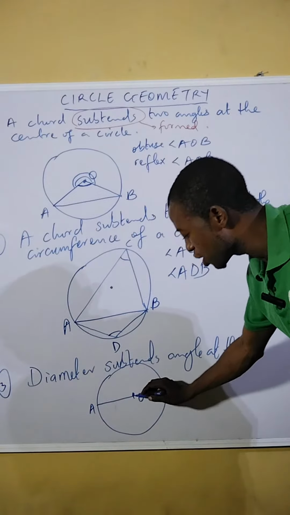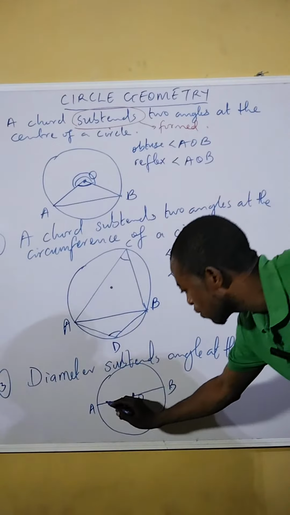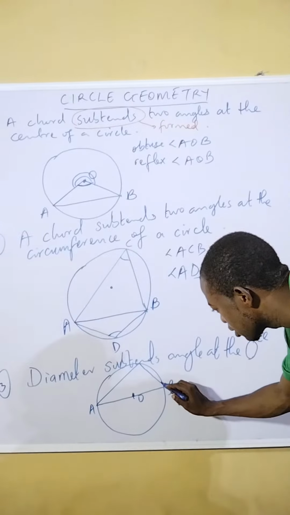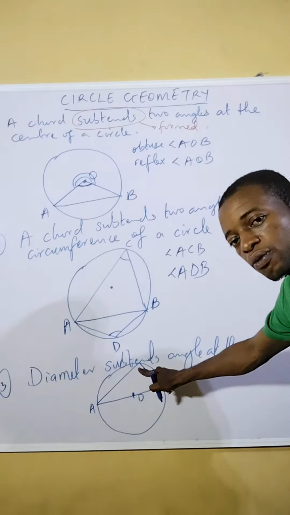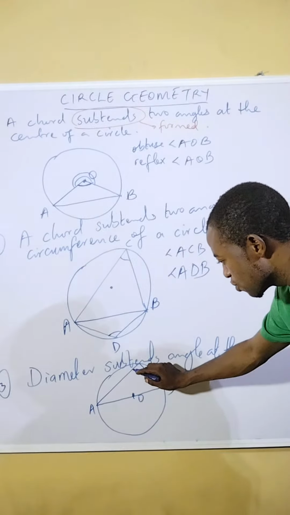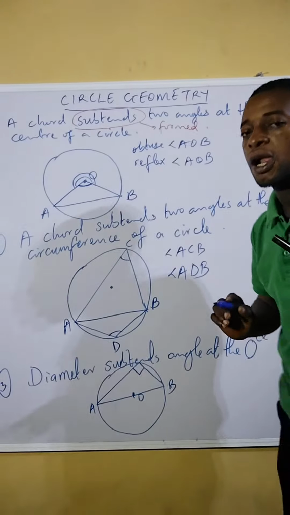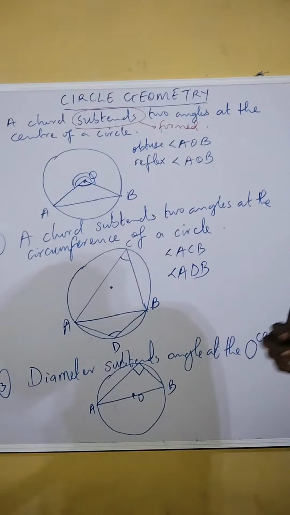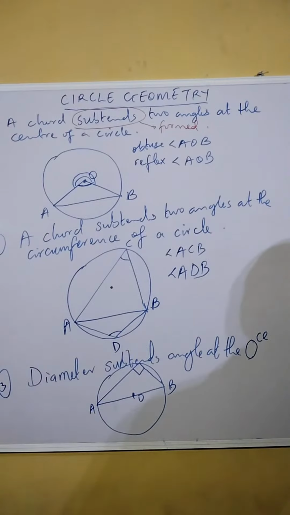So whichever way we draw it, the angle formed by this diameter is the angle subtended at the circumference by the diameter, and this angle will be 90 degrees. It has its own proof from the theorem. So these are the major things we need to take note of first before we start proving the theorem.